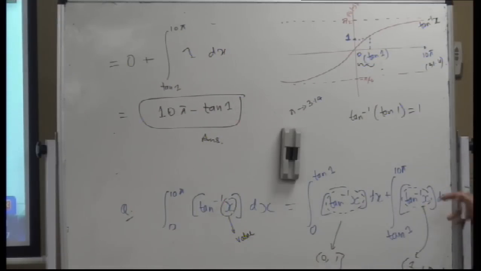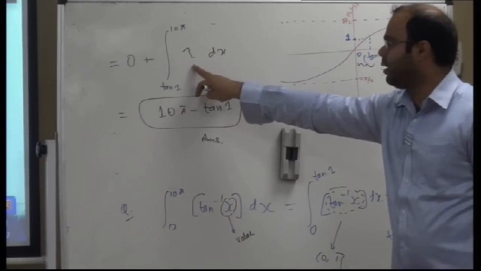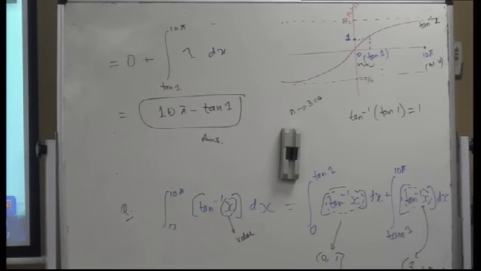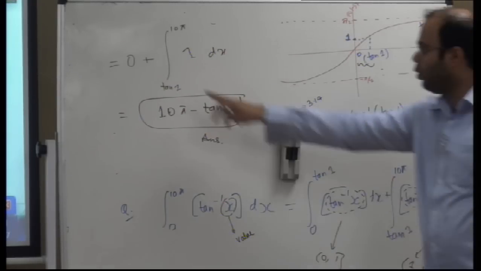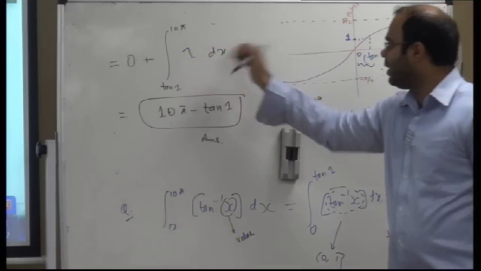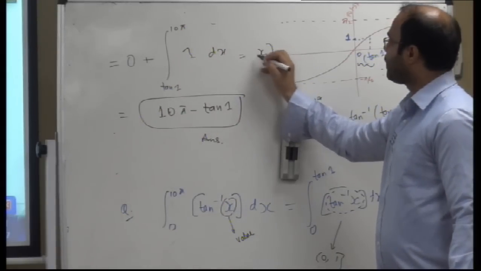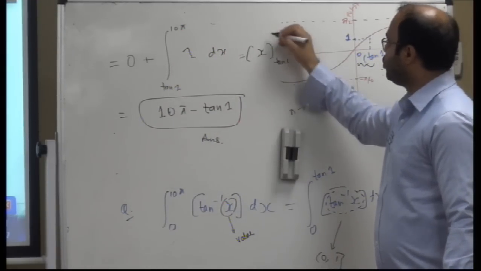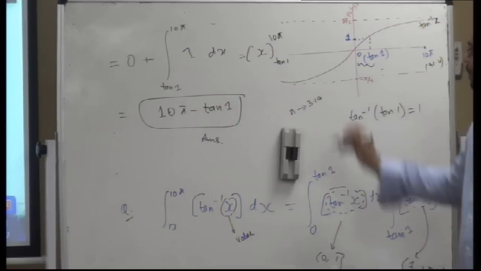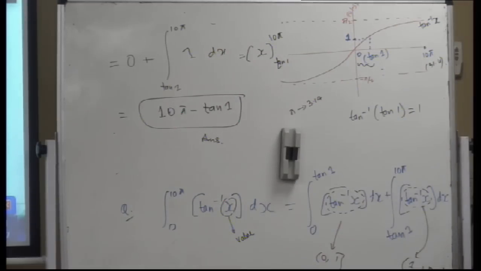So in the interval tan 1 to 10 pi the greatest integer is 1, and in the interval 0 to tan 1 it is 0. Then you get x from tan 1 to 10 pi, so this would become 10 pi minus tan 1. I hope it is clear to everyone. Right.